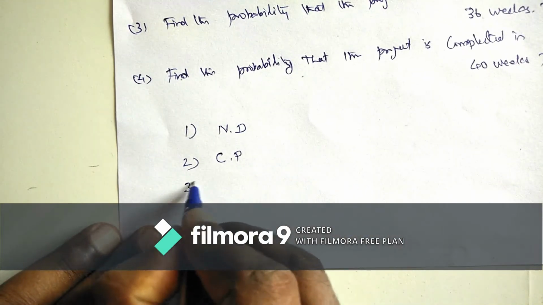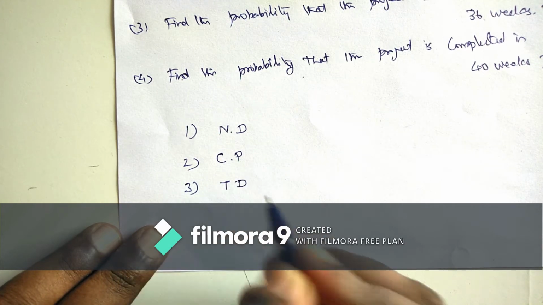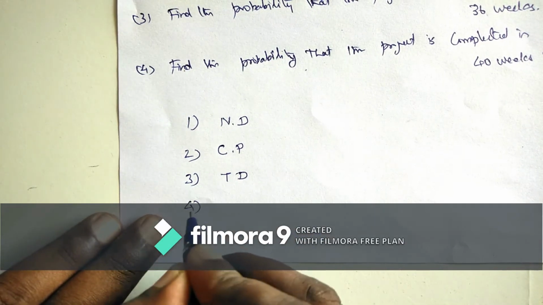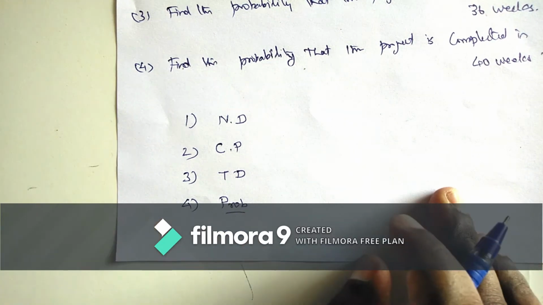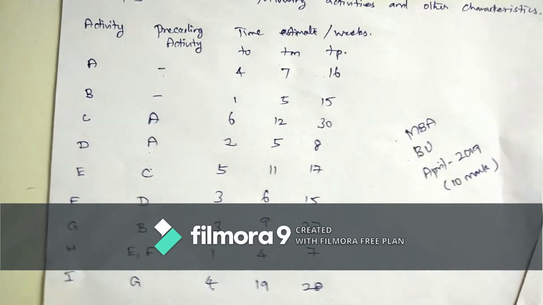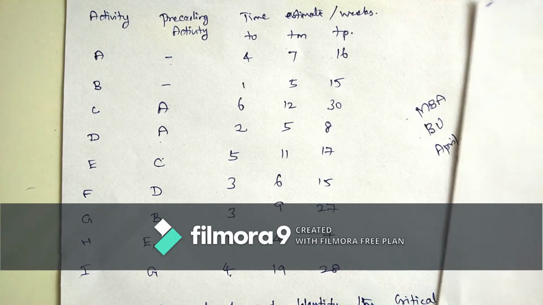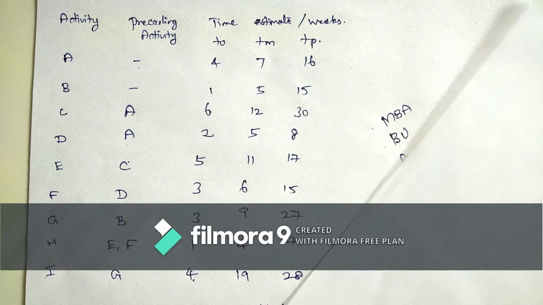Step number 3, find the total duration. And step number 4, find the probability value. These are the 4 steps. So step number 1, based on these values, based on these activities, first we have to draw the network.